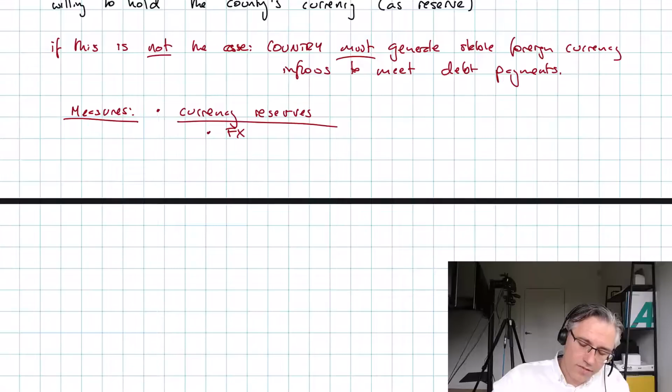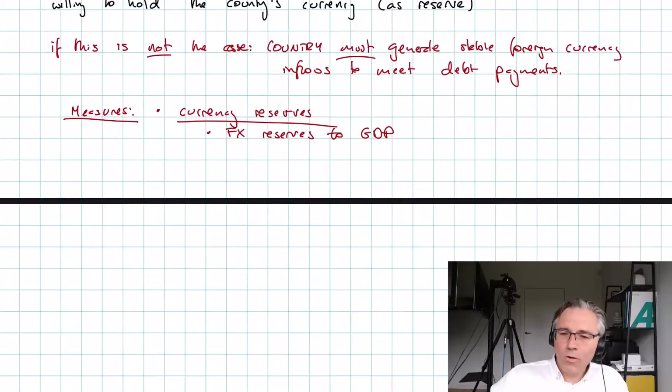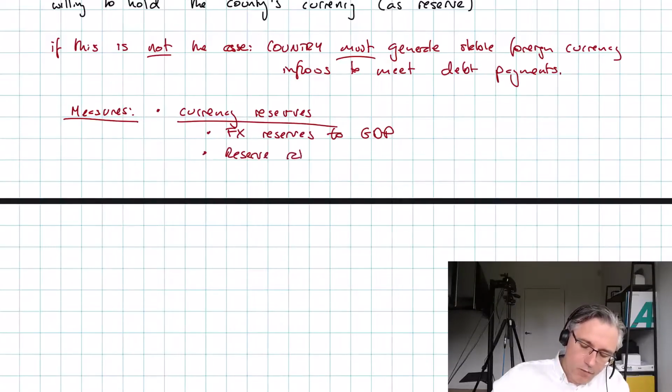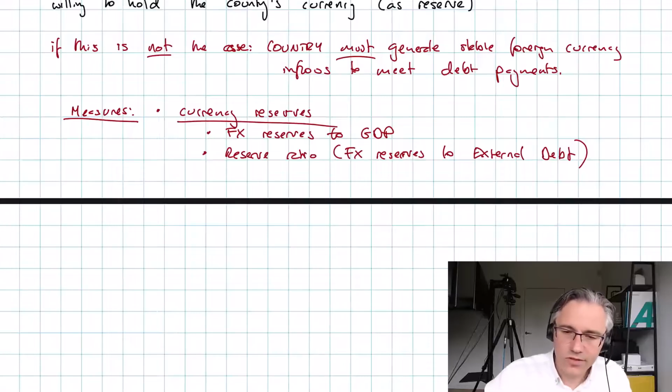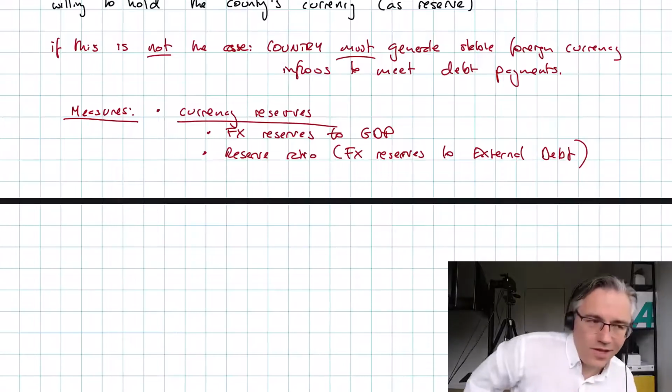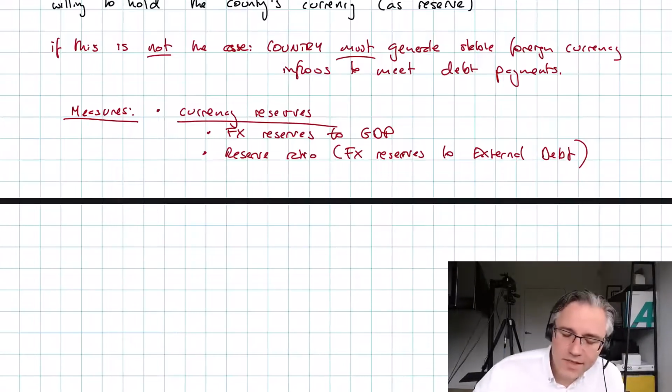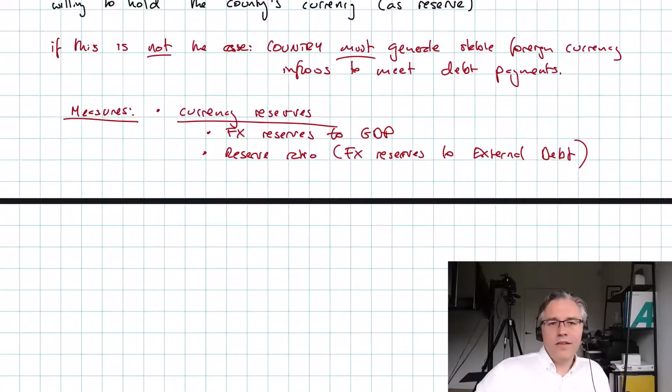So FX reserves, foreign exchange reserves to GDP ratios, or something called the reserve ratio, which is simply the relationship of FX reserves to the amount of external debt. That's the debt typically denominated in foreign currencies, which is sold to outside investors. Because, of course, you may say, well, what about issuing debt in your own currency?